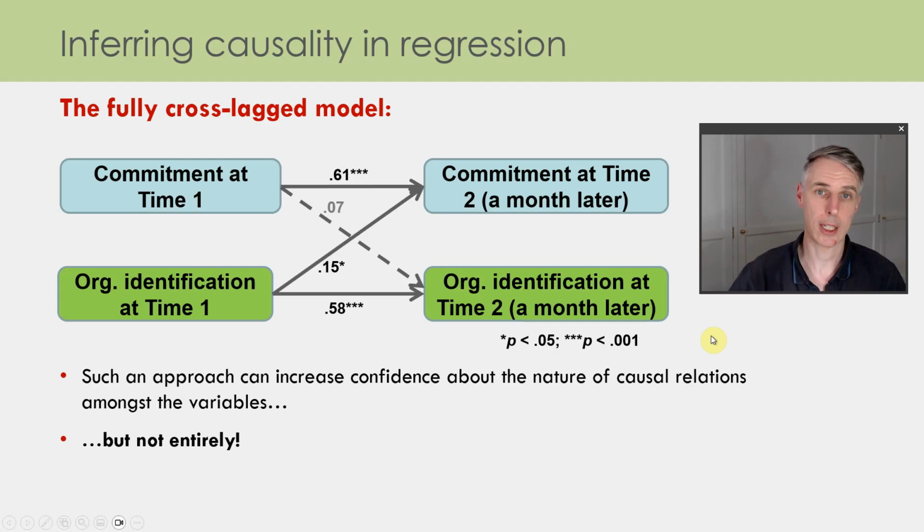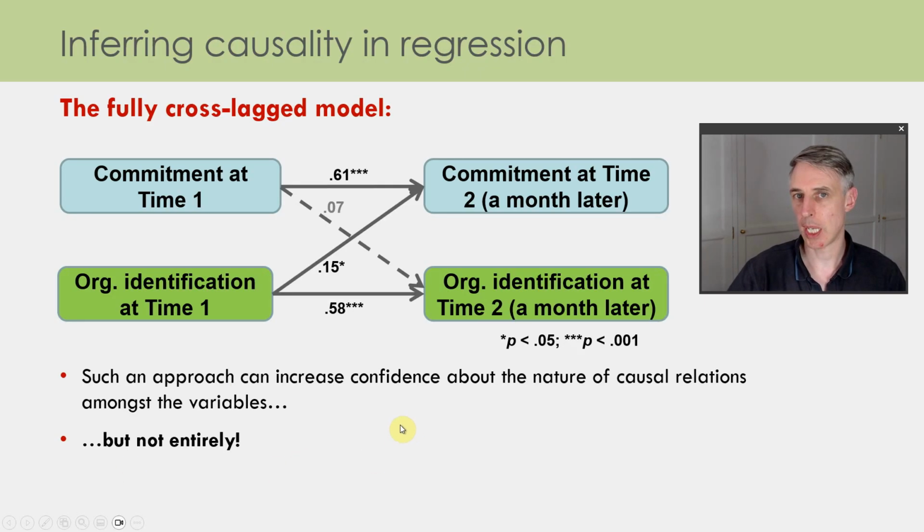So that's a cross-lagged model, and that's one of the ways in which design-wise and analysis-wise we can try and infer a little bit more about causal relations between variables that we can't directly manipulate for whatever reason by using longitudinal research designs. And that approach can help us, it can increase confidence about the nature of causal relations amongst variables, but this is the caveat, not entirely.